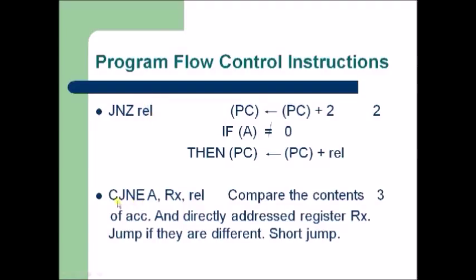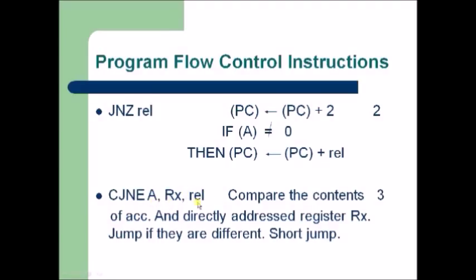CJNE, compare and jump if not equal, A comma Rx comma relative: compare the contents of the accumulator and the directly addressed register Rx, and jump if they are different. It will compare the contents of A with Rx, and if both are not identical, then it jumps to this location.